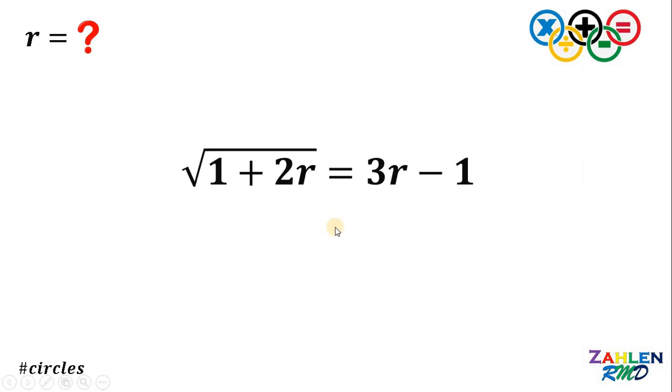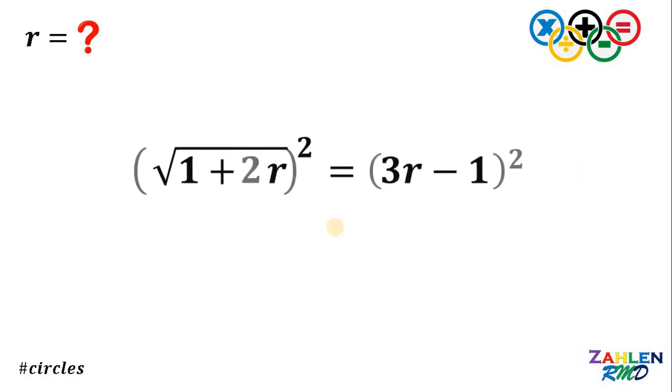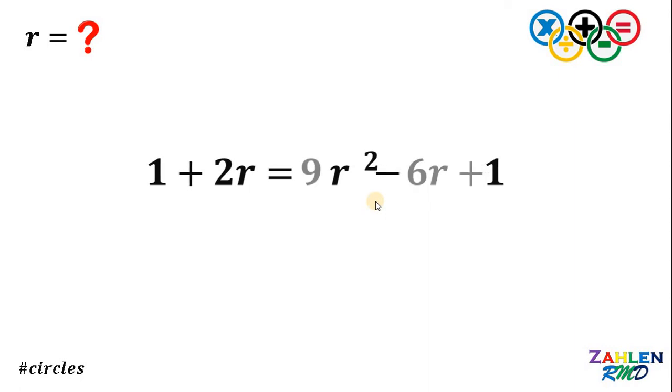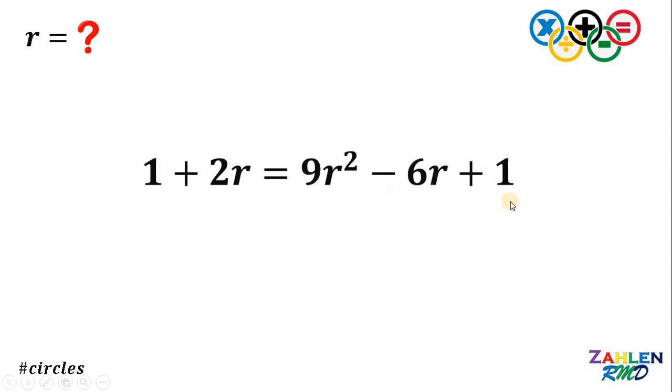Now, at this point, let's square again on both sides. Thus, the left-hand side of our equation becomes 1 plus 2r, and the right-hand side of our equation becomes 9r squared minus 6r plus 1. Now, subtract 1 on both sides, 1 on the left-hand side and 1 on the right-hand side cancel out. So we have now 2r equals 9r squared minus 6r.